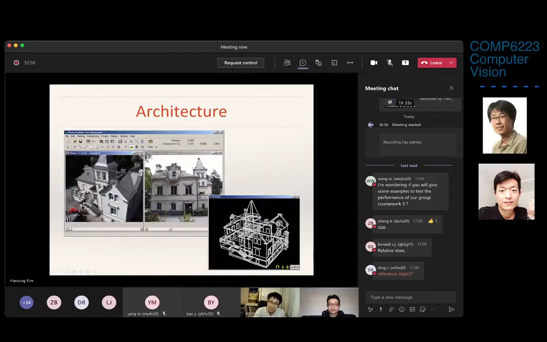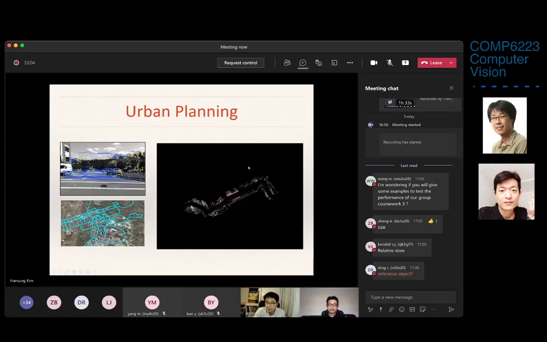It can also be used in architecture, like 3D building architecture is very common. 3D CAD. Now you don't really draw all the lines by yourself, but they normally do it automatically. Urban planning, I think I have shown this kind of video, like on the driving car, if they have a camera, they detect the features and track them and then build a 3D structure from them.